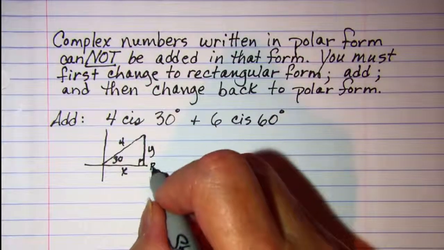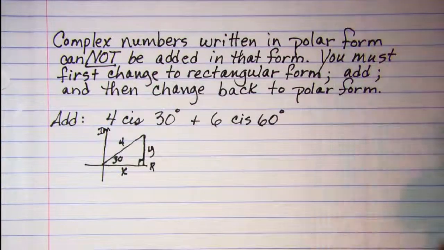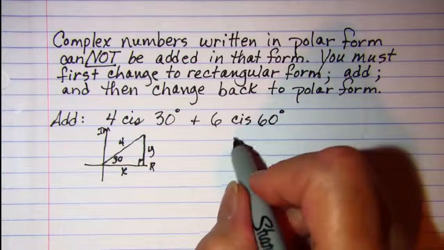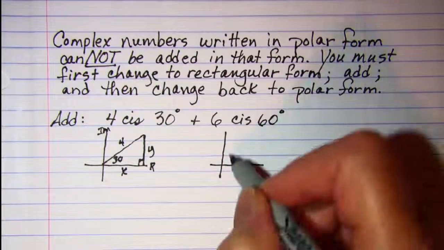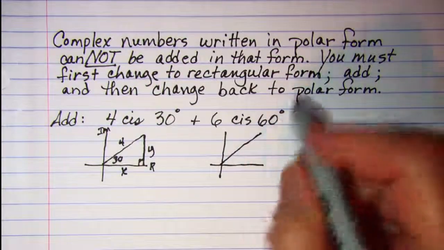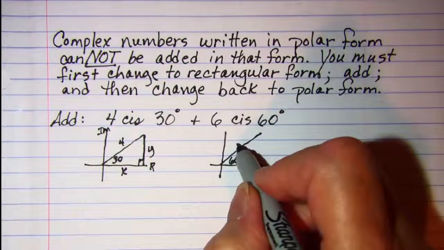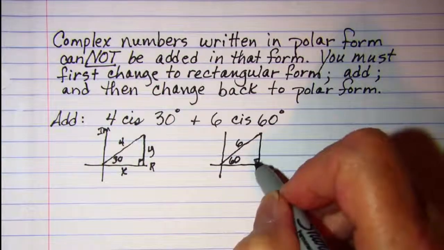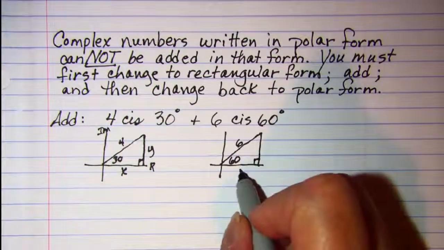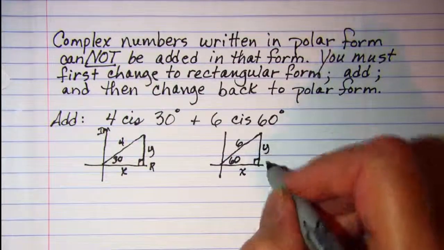Remember, this is our real axis and this is our imaginary axis. And then our sketch for this one, our theta is 60 degrees and our r is 6. And again, we want to find the real component and the imaginary component.